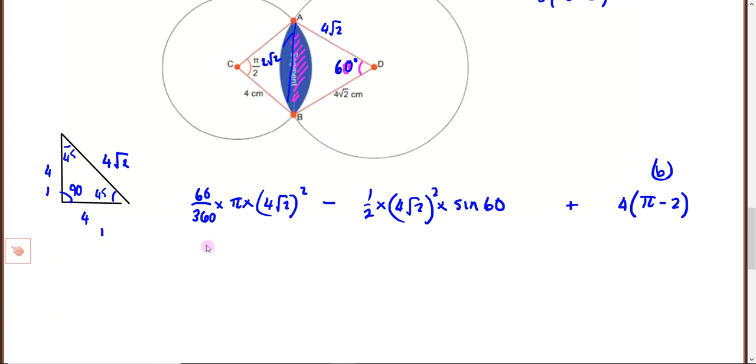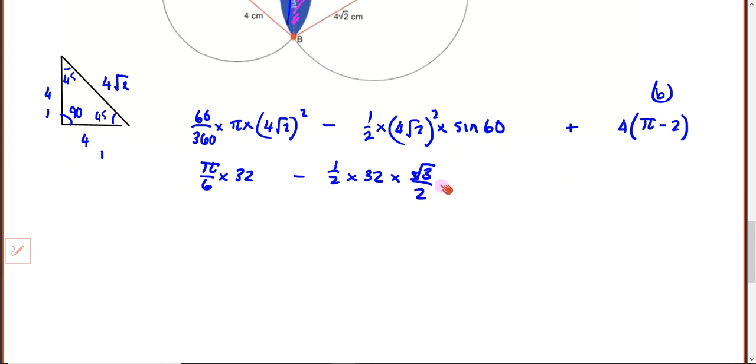So that's pi divided by 6 multiplied by 4 root 2 squared, which is 32, minus a half multiplied by 32 sine of 60, which is root 3 over 2. You could have done that as a decimal if you like, but better off not at the moment. Are you all happy with root 3 over 2?